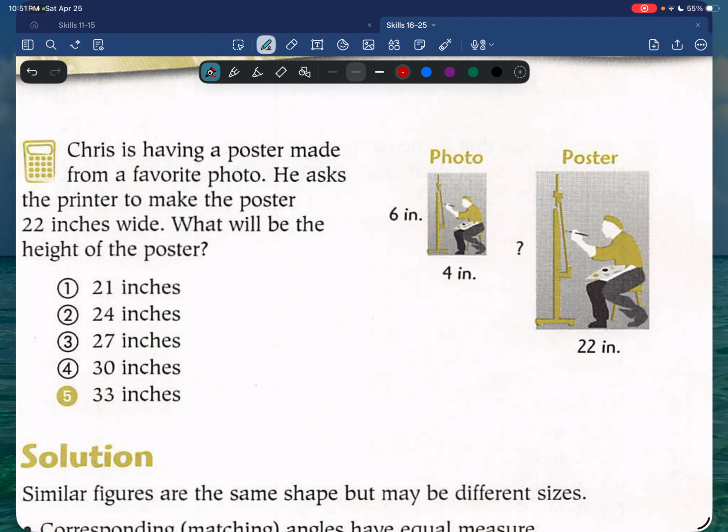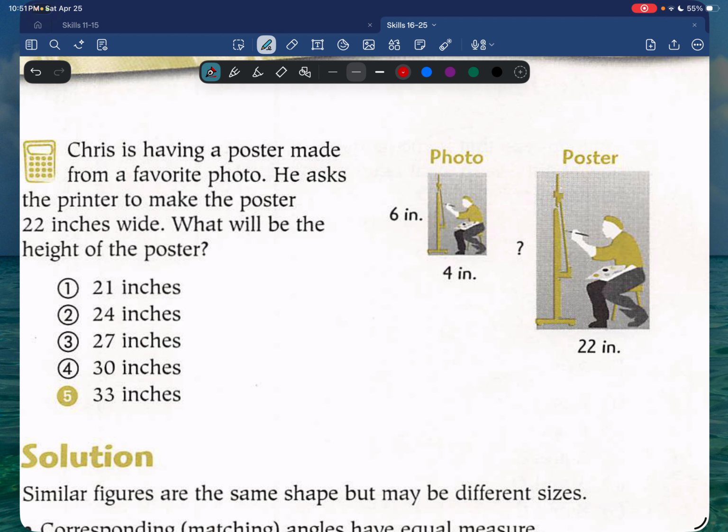Chris is having a poster made from a favorite photo. He asked the printer to make the poster 22 inches wide. So here's the photo that Chris has. There's the height and there's the width. And then here's the poster. There's the height, and here's the width.